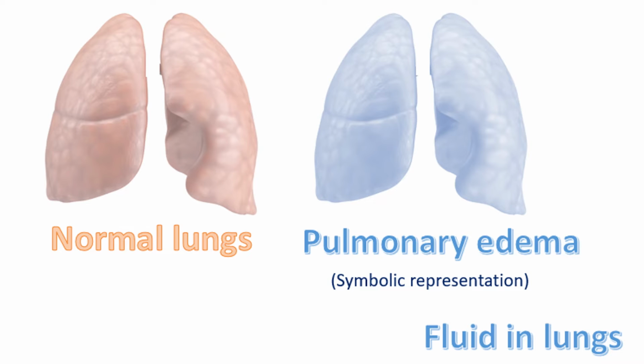When pressure in the lung capillaries rises, fluid from the blood moves out of the capillaries into the alveoli. When the alveoli are flooded with fluid, they are unable to exchange oxygen for carbon dioxide and the person becomes breathless. This situation is known as pulmonary edema. The oxygen saturation in blood falls and this can be very serious.